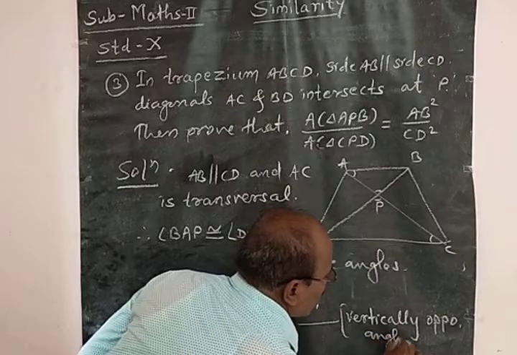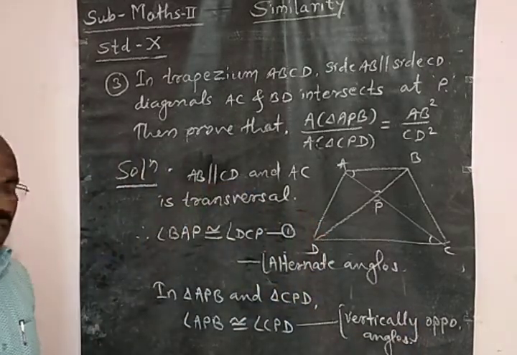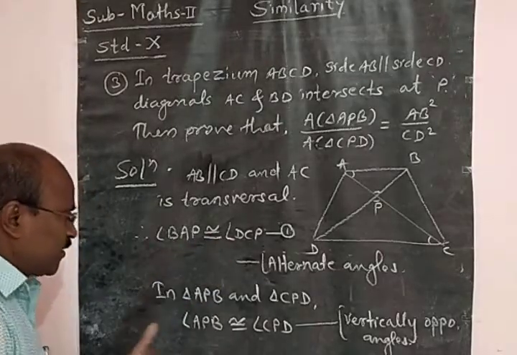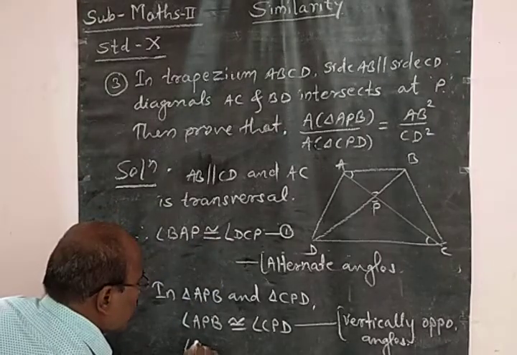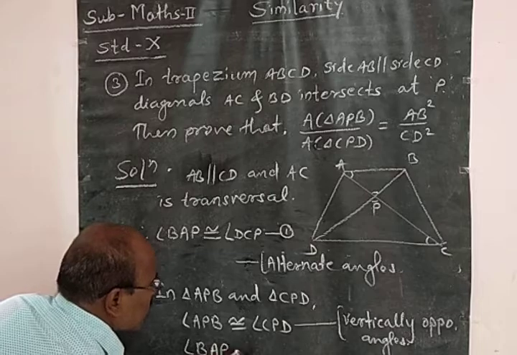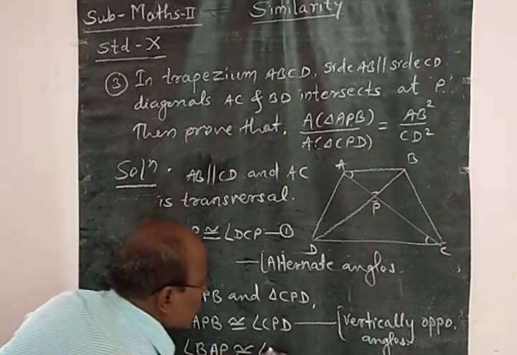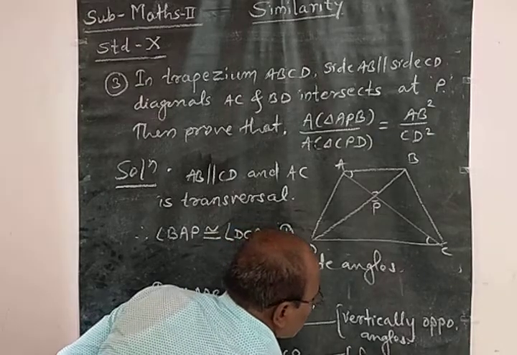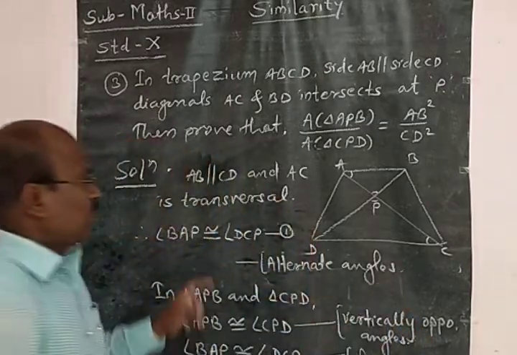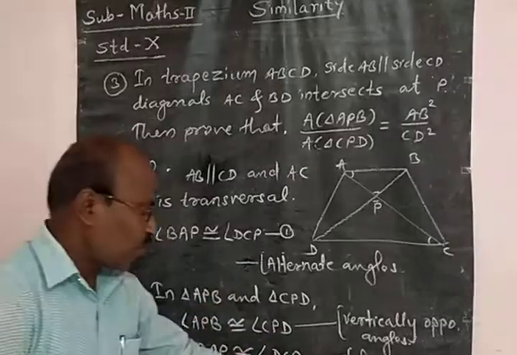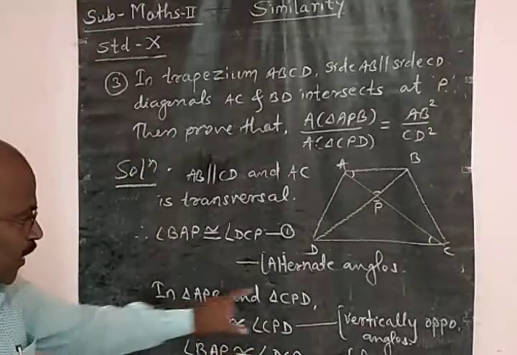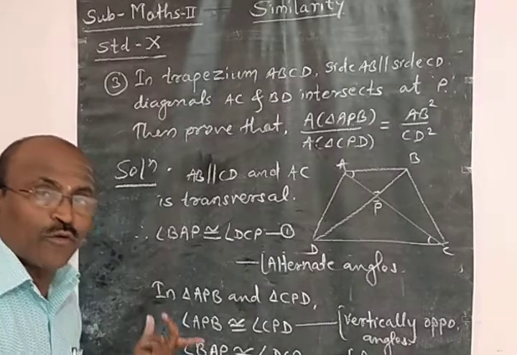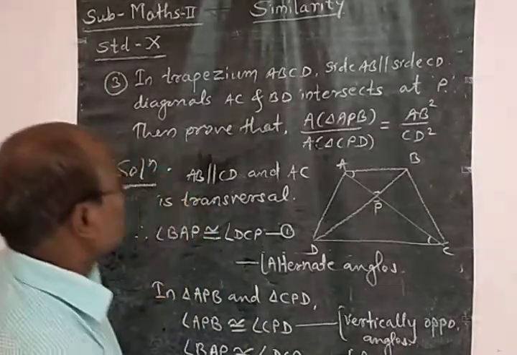These two are the vertically opposite angles. Again, we have written this one, so write this statement as it is. Angle BAP is congruent to angle DCP from 1, because this is in the first statement. So write the reason from 1. Two angles of these two triangles, corresponding angles of these two triangles, are congruent. Therefore, these two triangles are similar to each other.